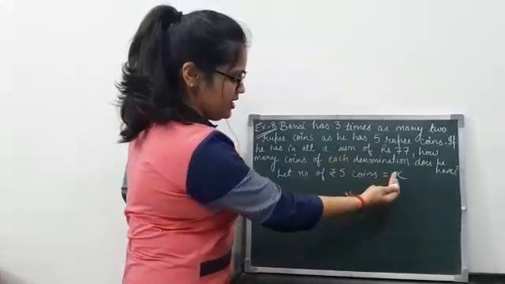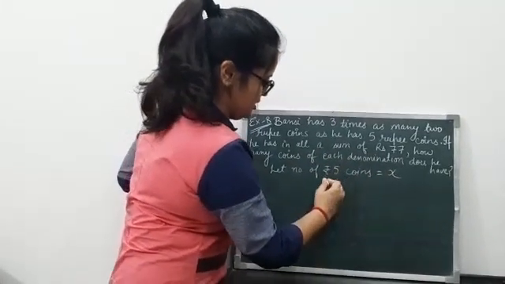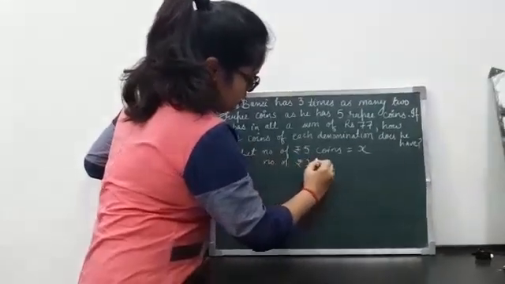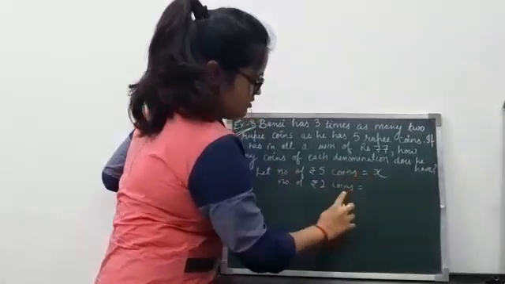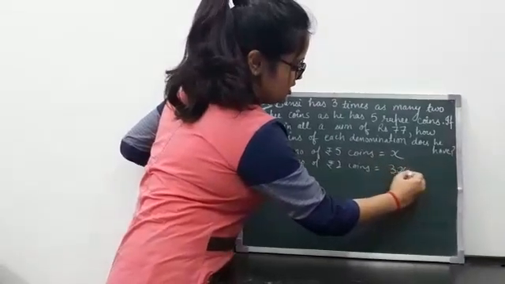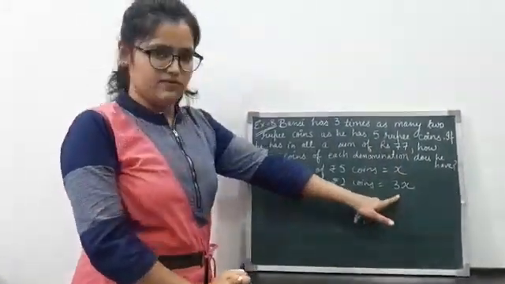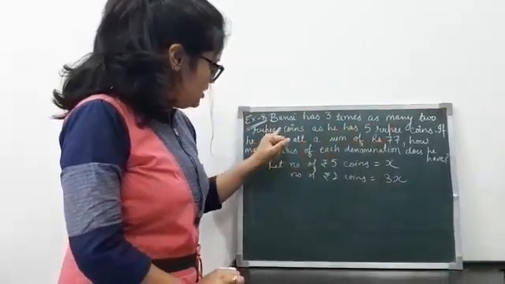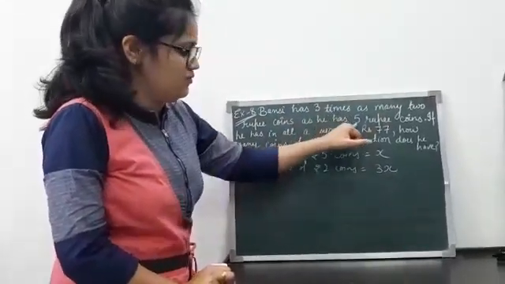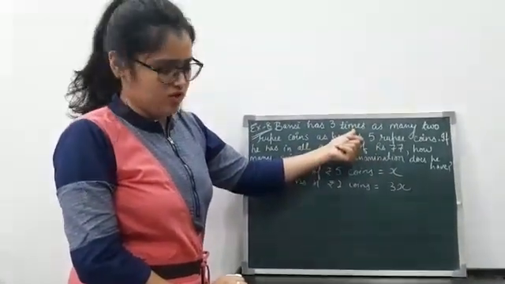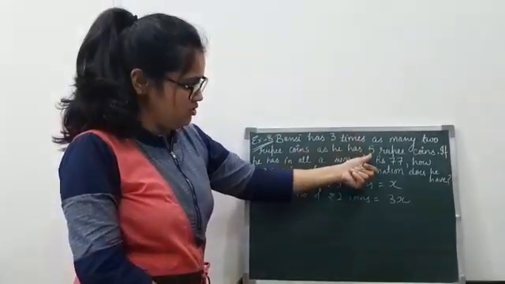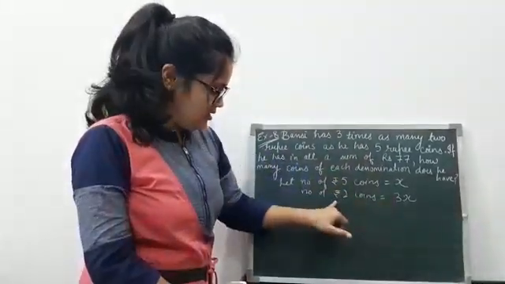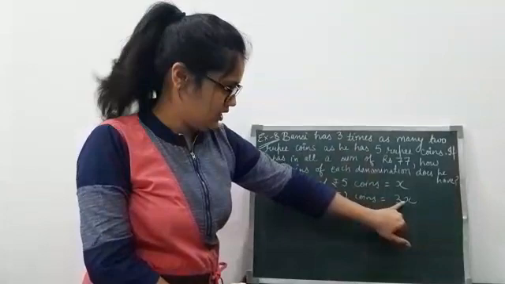Then if there are x coins of 5 rupees, the number of 2 rupee coins will be 3x, because it is given in the first line that Bansi has 3 times as many 2 rupee coins as 5 rupee coins. So the number of 5 rupee coins is x and the number of 2 rupee coins is 3x.